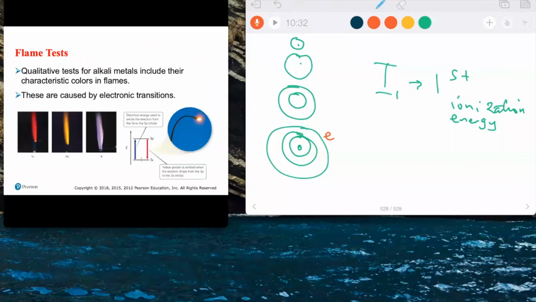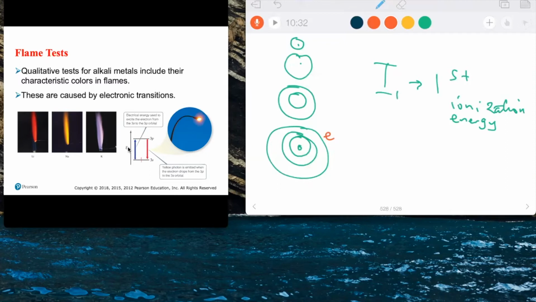Now, certainly I know you will do an experiment on flame test. There is an experiment for this course which will call for using the flame wire to characterize, or to qualitatively analyze, whether there is any of the group 1 metals, even group 2.